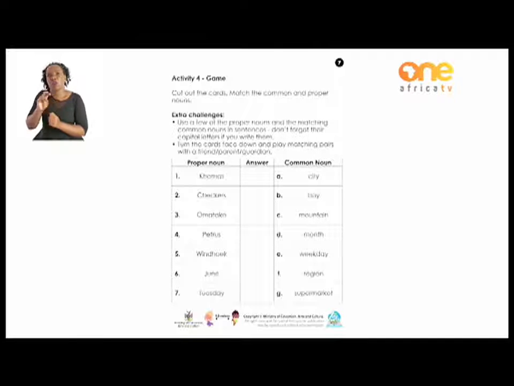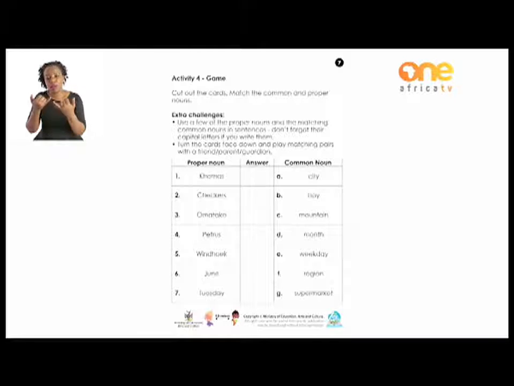Don't forget their capital letters if you write them. Remember, we said proper nouns should begin with capital letters. Turn the cards face down and play matching pairs with a friend, parent, or guardian. Right.